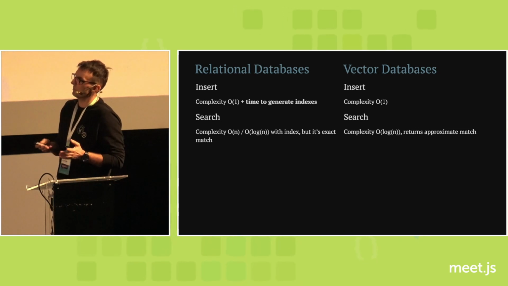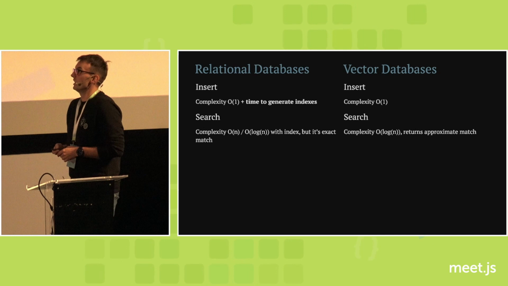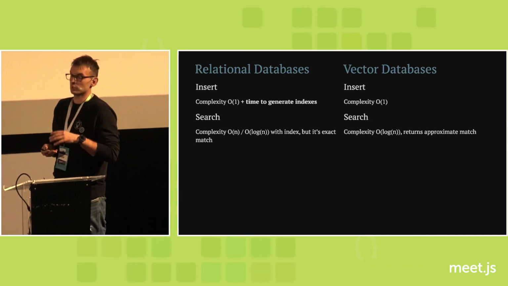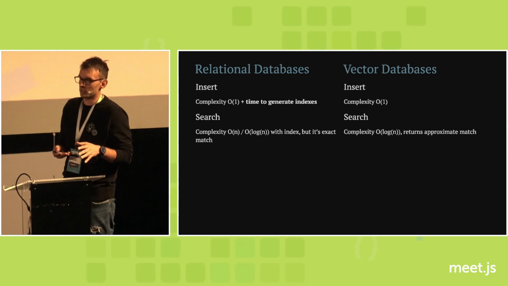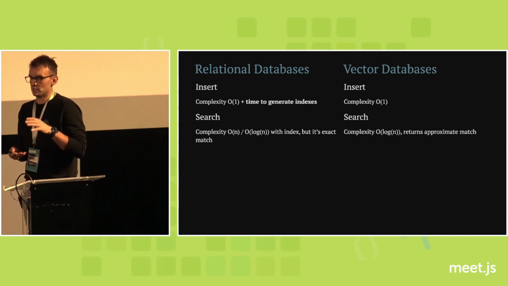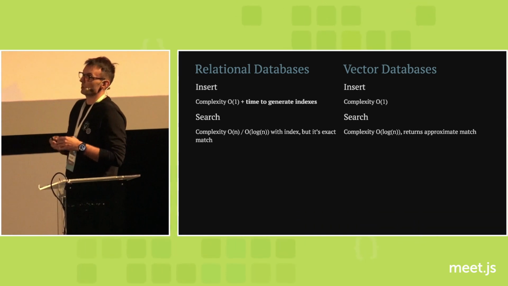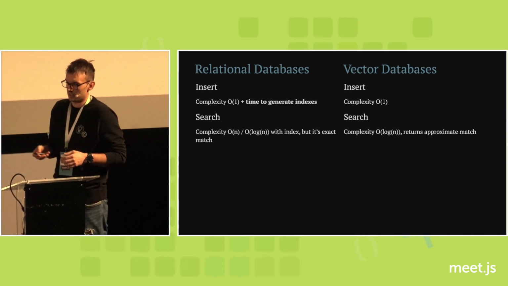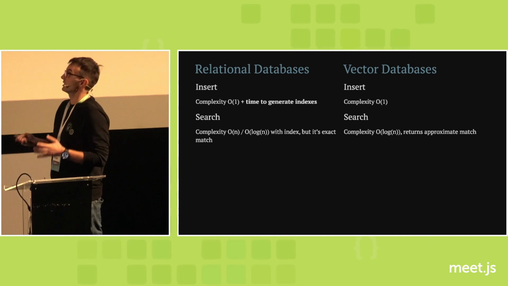But in most cases, it's logarithmic. But as I said before, the result of the search is exact. So we just found the element, maybe we found a couple of elements matching the query exactly, or we receive nothing. In case of the vector databases, the complexity is logarithmic.